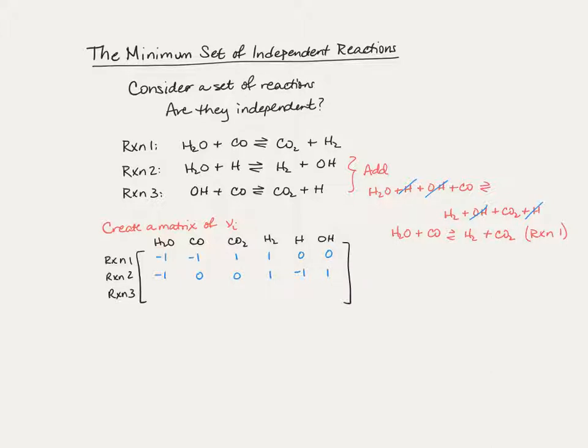And for reaction 3, I have no hydrogen, CO is consumed, CO2 is formed, H2 does not appear, H is created, and I wanted that to be a positive one, and OH is consumed. So this is my matrix here. The number of reactions out of this set that are independent is determined by the rank.